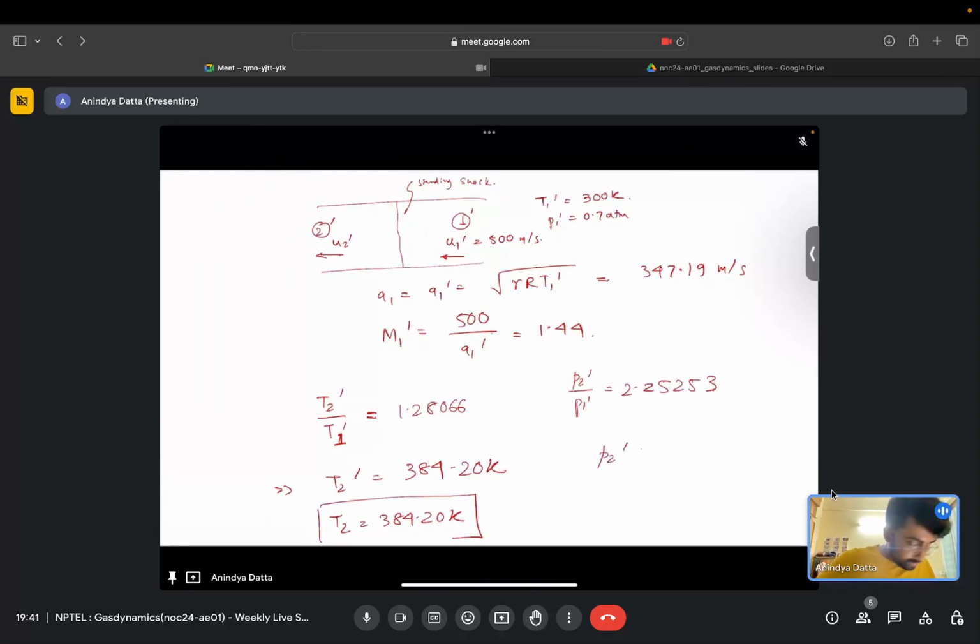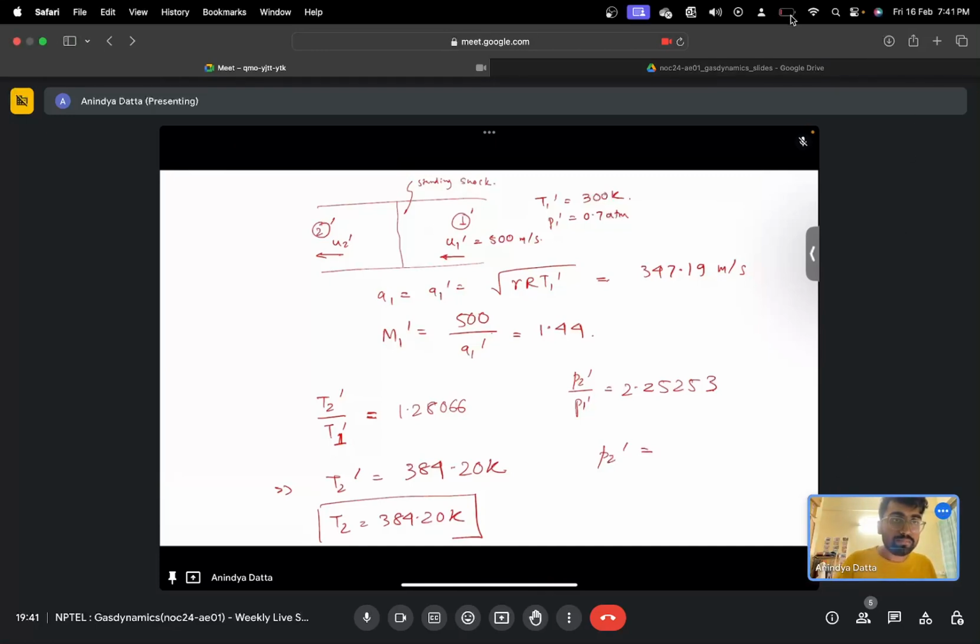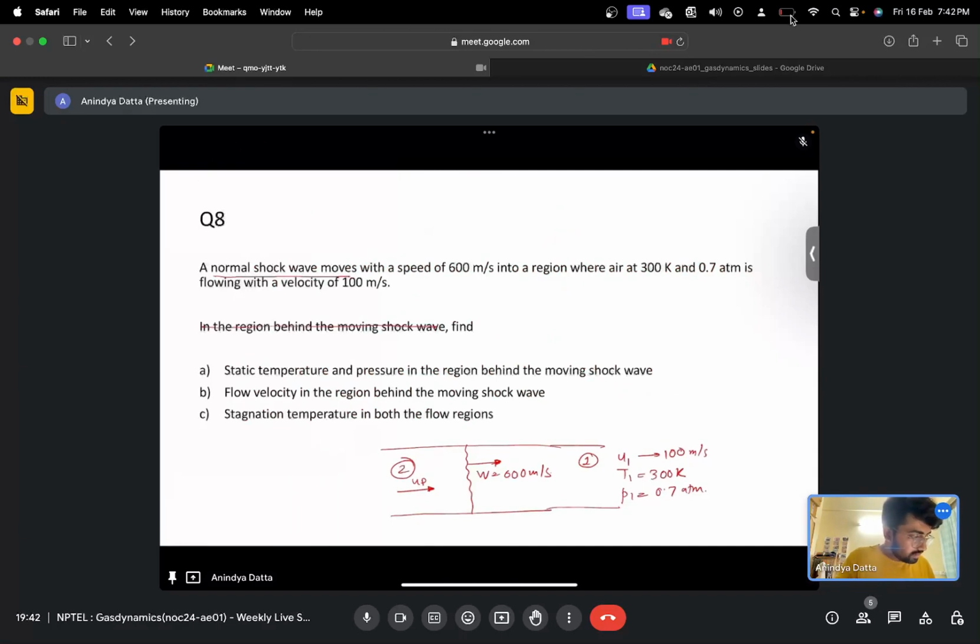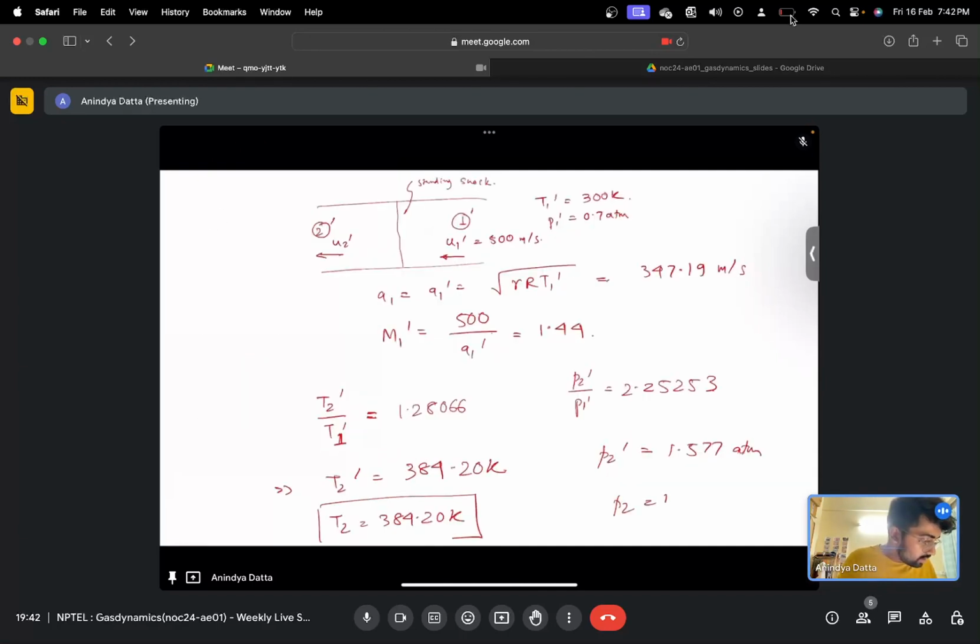And P2 prime will come out as 1.577 ATM. So this is our P2, 1.577 ATM.